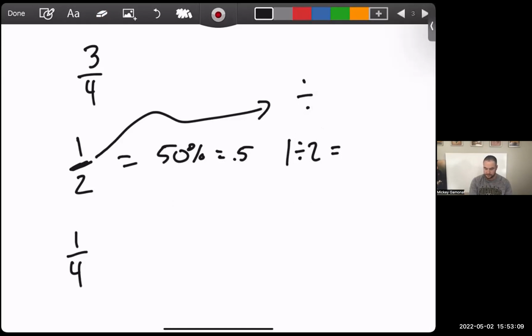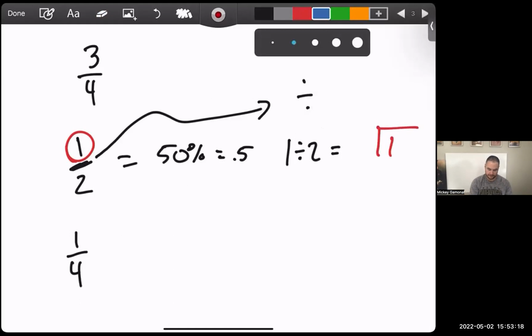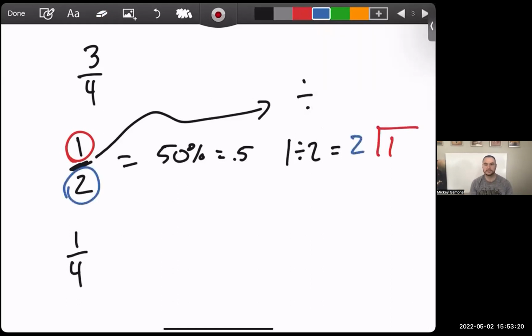So if we do top dog gets the house, I always say that with my students, top dog is the 1. So that's going to go inside the house. The denominator is that 2. So that's going to go outside the house. So how many times does 2 fit into 1? We know that it doesn't fit perfectly. So what if we change it to a 1.0? Just like $1 is $1.00, we can change 1 to 1.0. How many times does 2 now go into 10?